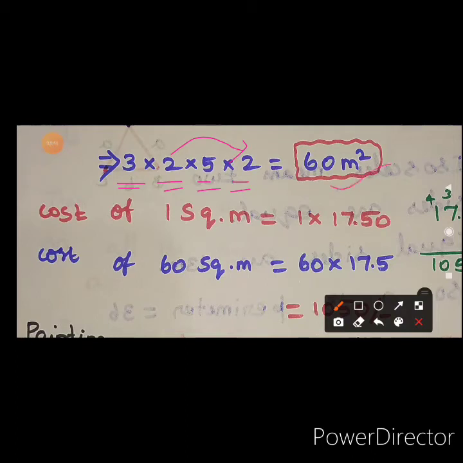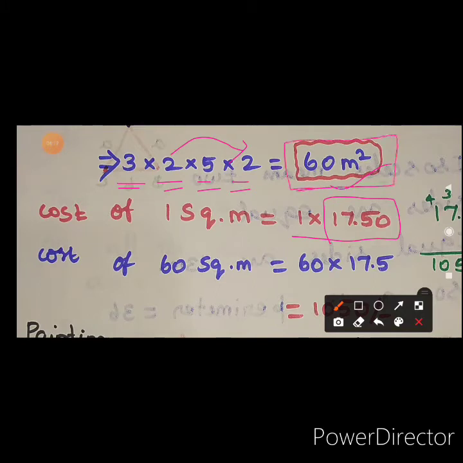Then cost of painting. Cost of painting, 1 square meter is equal to 17.50. The area of the triangle is 60 meter square.